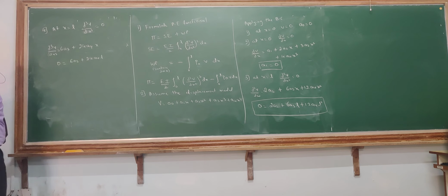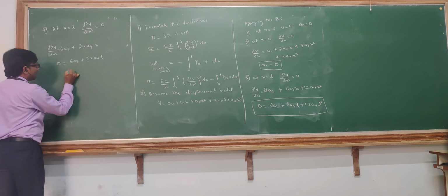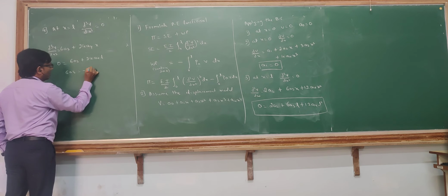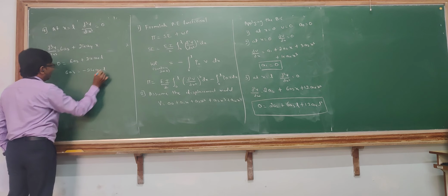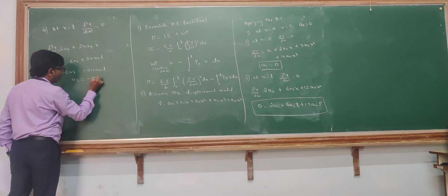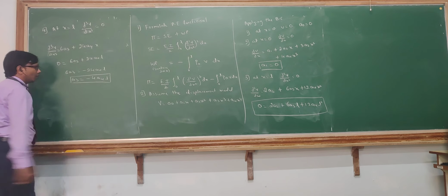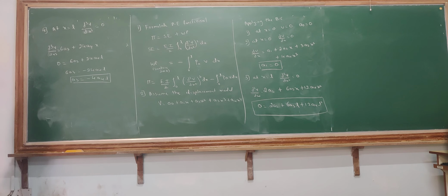Now I can write a3 in terms of a4. If you see here, 6a3 is nothing but minus 24a4L. So a3 becomes minus 4a4L. So I now converted a3 in terms of a4.